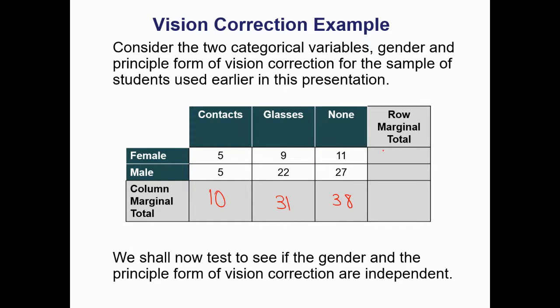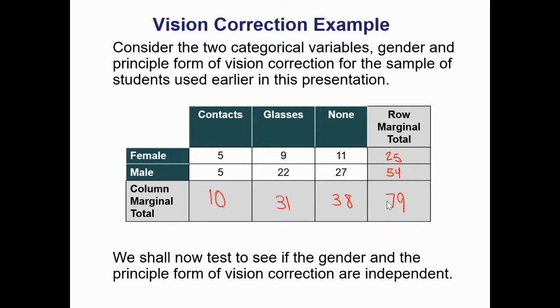Right, then we need to do the row marginal totals. So for female, 25. For male, and then our grand total, 79. Okay, so once we get these, we can go through and, well, hang on, let's back up.